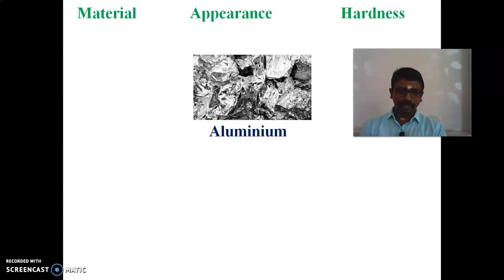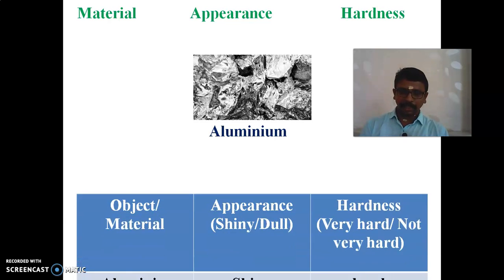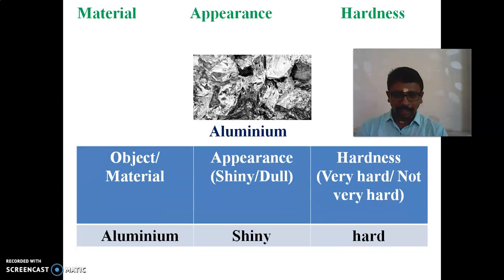And hardness, is it very hard or not very hard, children? Yes, it's very hard. So for the object aluminium, its appearance is shiny, meaning it has the lustrous property, and its hardness is hard.